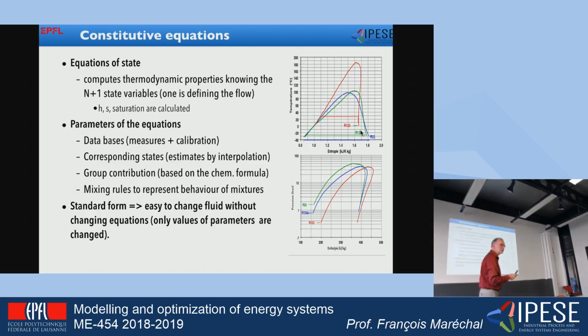I have the possibility of calculating any point of those curves here, for any compounds, provided that I have a minimum amount of information. The minimum amount of information being, I recall, the critical temperature, the critical pressure, the critical volume, the acentric factor, and the temperature of evolution. By knowing this, I will be able to calculate the thermodynamic properties.